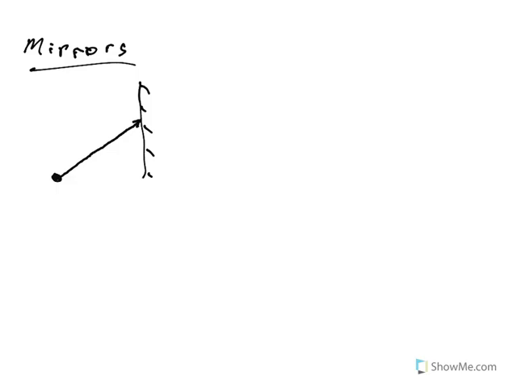It turns out that the law of reflection says if you draw the normal line, that is the line perpendicular to the surface of the mirror, where the light ray hits the mirror, then the reflected ray will come off the mirror in such a way that the angle of incidence, call it theta I, is equal to the angle of reflection, theta R. So angle of incidence is angle of reflection.